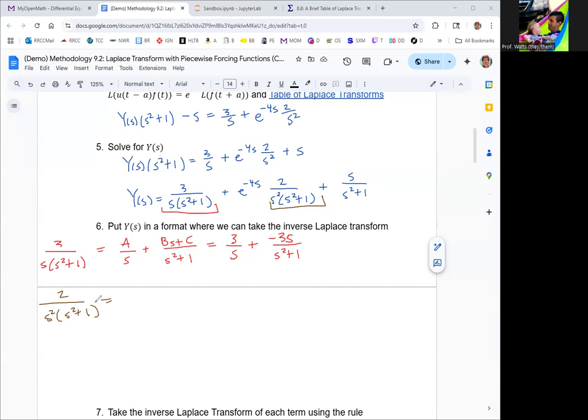When you have that s squared, when you have like a factor squared, you need to have it appear once regular and then again squared. One of those kind of tricky parts of partial fraction decomposition. All right, so multiply through by the common denominator.